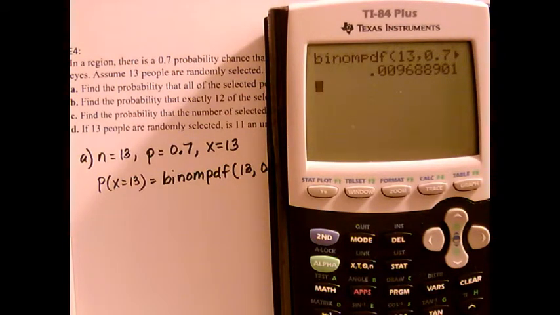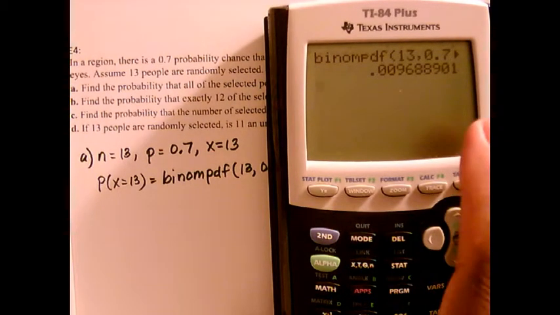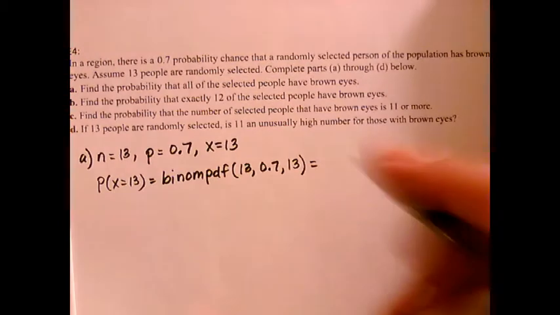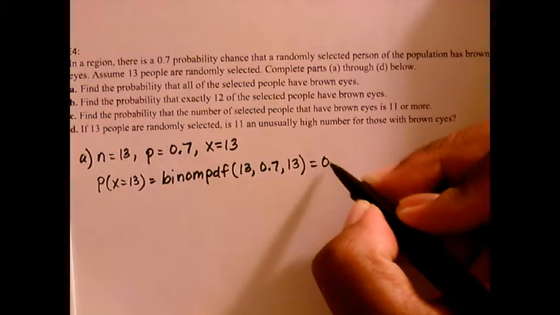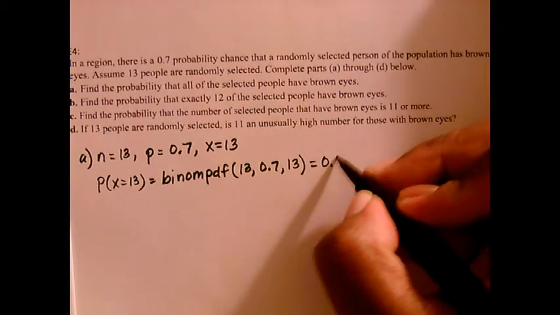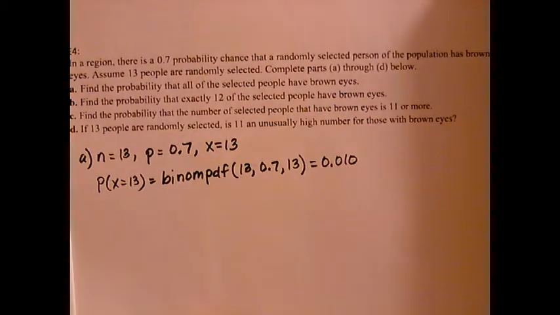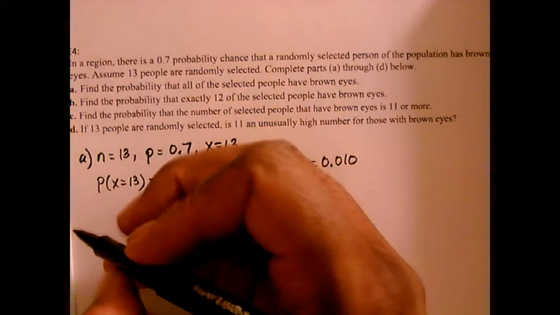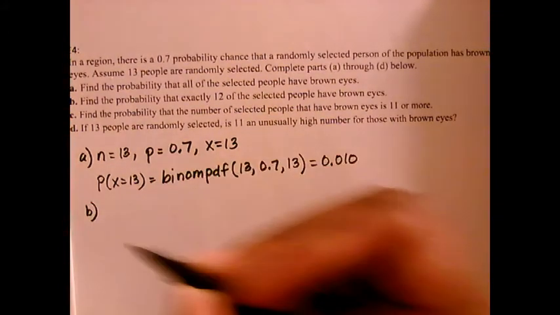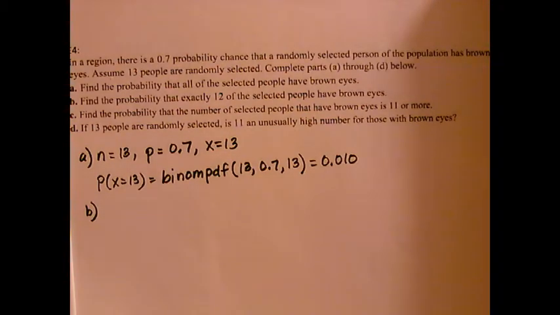Let's see, to 3 decimal places, that would be 0.010. So the probability that all the selected people have brown eyes will be 0.010. Okay, so that's part A. Part B, find the probability that exactly 12 of the selected people have brown eyes.